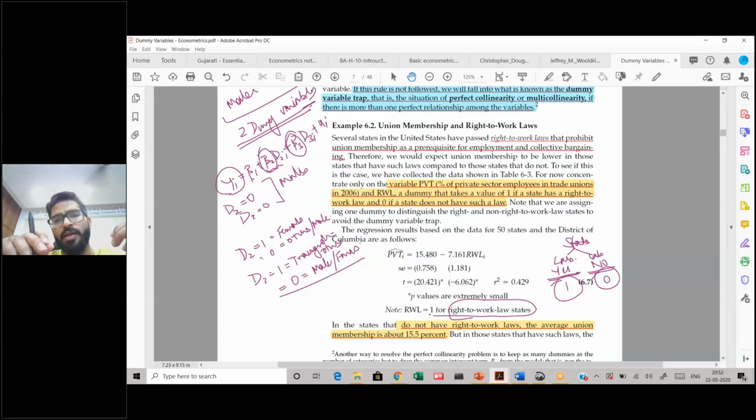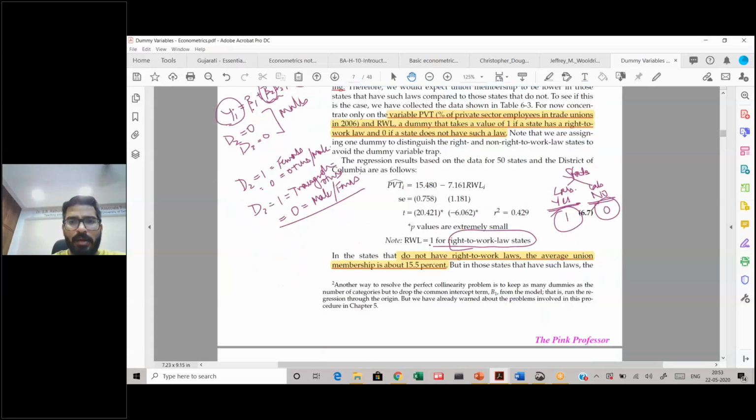Now, in your 6th semester, if I take your course, I'll perhaps teach you about the entire conundrum of labor laws, and how labor laws can actually be restricting the MSME. So there are both sides of the argument. Here we are talking about that if there are no labor laws, then fewer people are part of trade unions. That is the regression that we are trying to do.